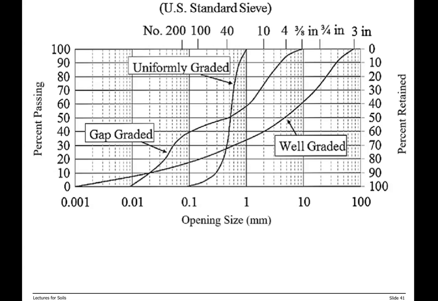Here you can see examples of different types of gradation curve. Again, we want a Cu higher than 4 or higher than 6 and a Cc between 1 and 3.